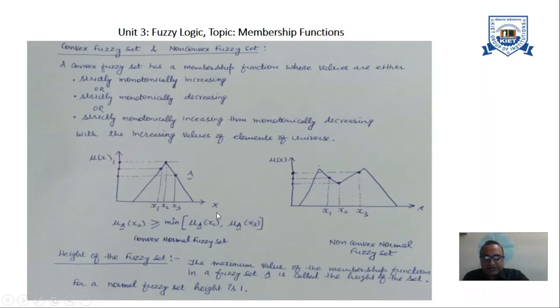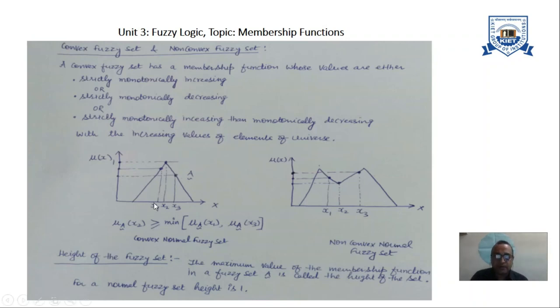So the condition is that once we are moving along the x-axis and we keep changing the elements in the universe of discourse, rather we can say changing the elements in the fuzzy set, their respective membership values either must increase monotonically or must decrease monotonically. So these two cases have been done.